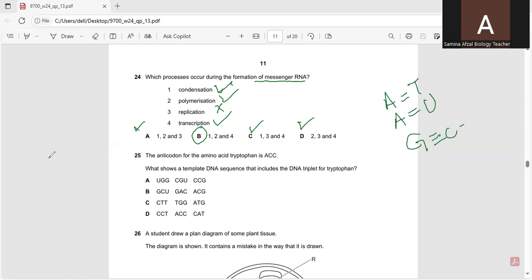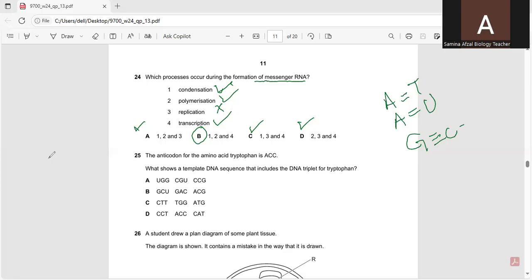So this is the combination in which they make pairing with one another. So complementary messenger RNA UGG pairs with ACC: uracil pairs with A, G pairs with C, and G pairs with C.